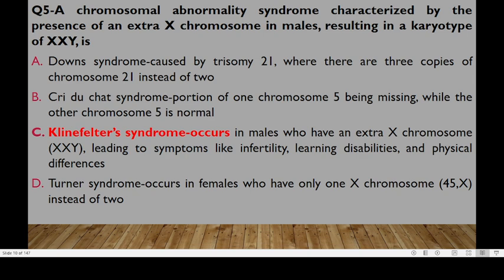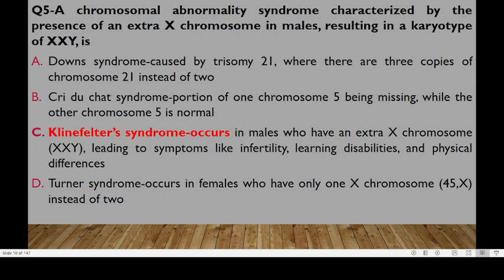differences. Down syndrome, on the other hand, is caused by trisomy 21, where there are 3 copies of chromosome 21 instead of 2, giving it 47 instead of 46 chromosomes. Cri-du-chat syndrome is where a portion of one chromosome 5 is missing, while the other 5 will be normal.